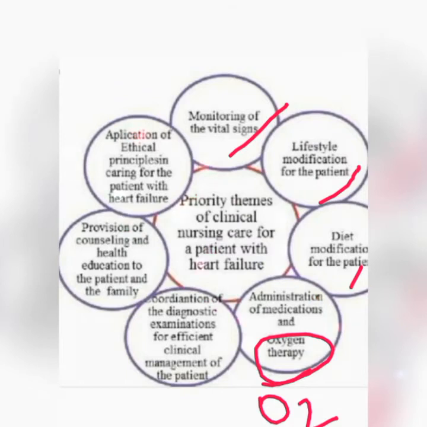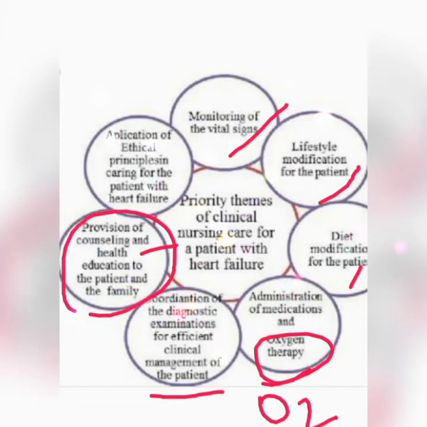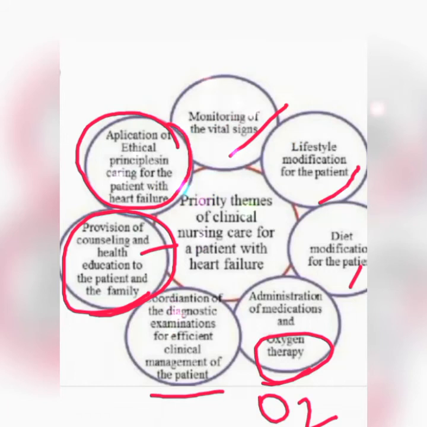Next is coordination of diagnostic examination for efficient clinical management of the patient. Next is provision of counseling and health education to the patient and the family. Next is application of ethical principles in caring for the patient with heart failure. These are the priority themes of clinical nursing care for a patient with heart failure.